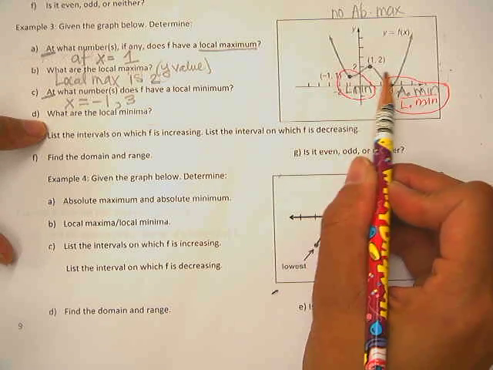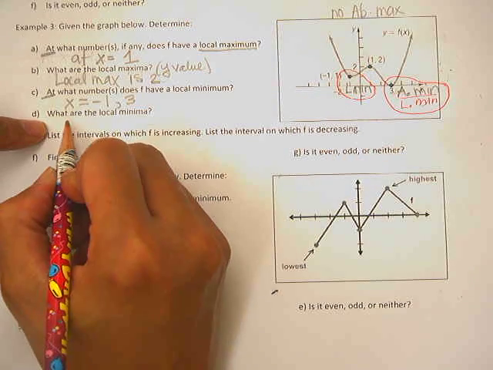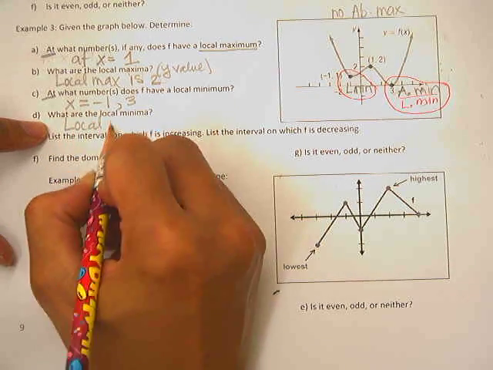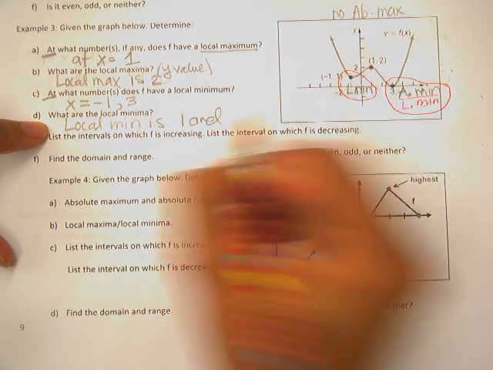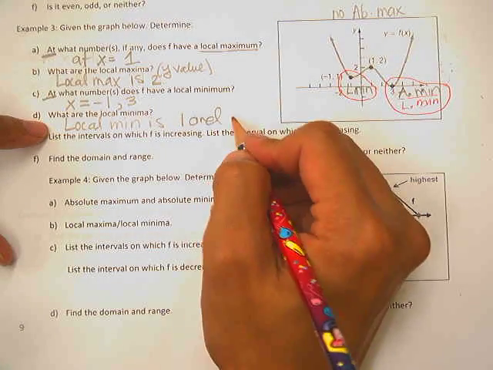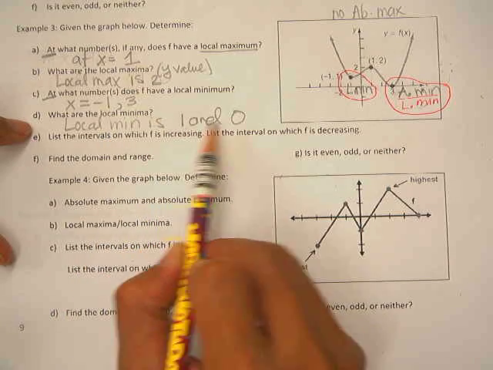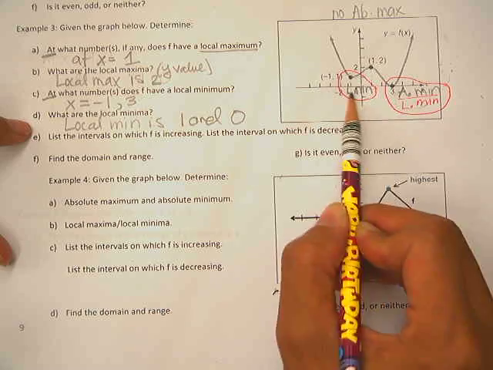So the first y value is when x is negative 1, y is 1. So local min is 1, and the other one is when x is 3, y is 0. Okay? So local min is, and these two are the y values of the location of local min.